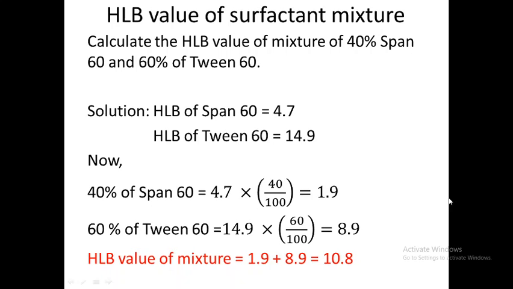So 60 divided by 100 into the HLB value of Tween 60, 14.9. Once I solve this I will get 8.9. Now these two surfactants are mixed, so the HLB value of the mixture is the summation of these calculated HLB values of the fractions. That is 1.9 plus 8.9. So a total of 10.8 is the HLB value of the mixture.